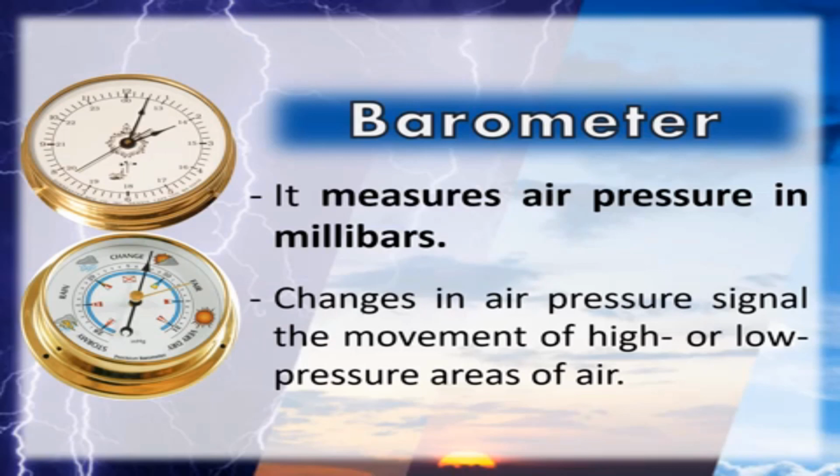Most of the barometers that you see in homes are aneroid barometers. Evangelista Torricelli, an Italian scientist, made the first barometer in 1643. So the barometer measures air pressure in millibars. Changes in air pressure signal the movement of high or low pressure areas of air.